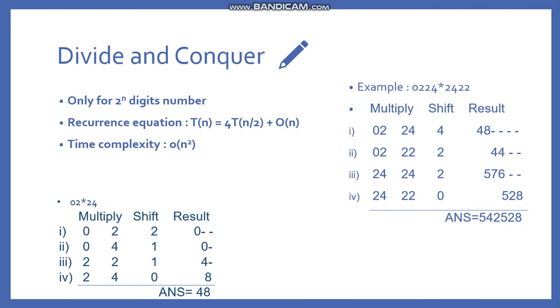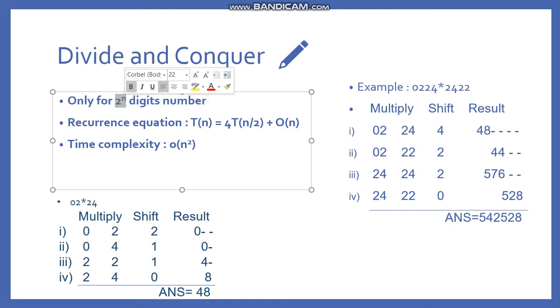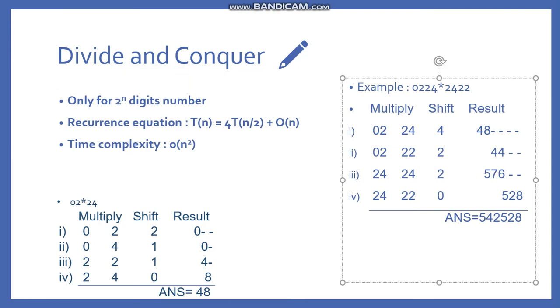Now let's see the divide and conquer method for multiplication. In this method we need the numbers in the form 2 to the power n digits, and both numbers have the same size. Here we take the first example: the two numbers 0224 and 2422.